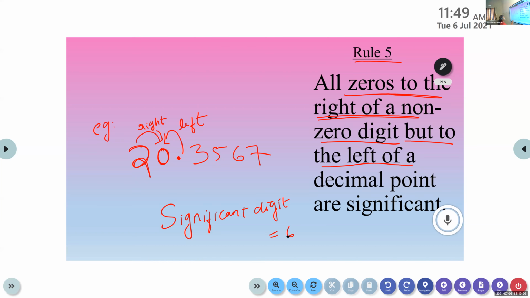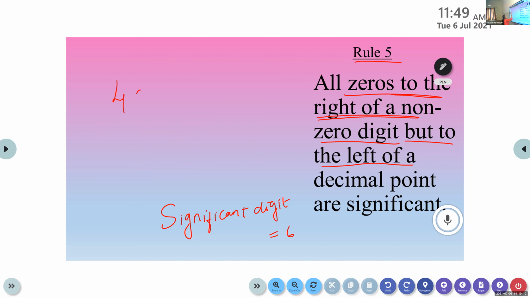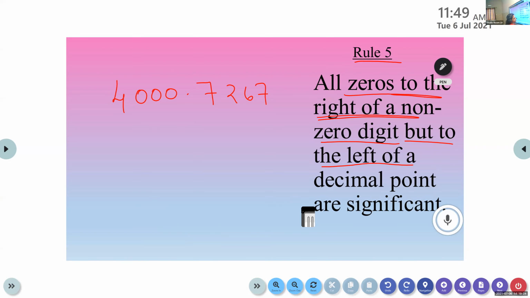I will give you another example. 4000.7267. Buddhadev, try to find out the significant digits in this value. It is 8: 1, 2, 3, 4, 5, 6, 7, 8.